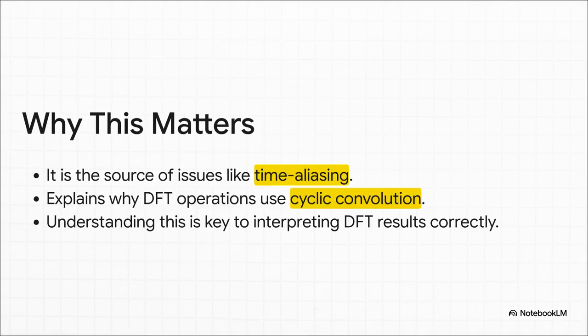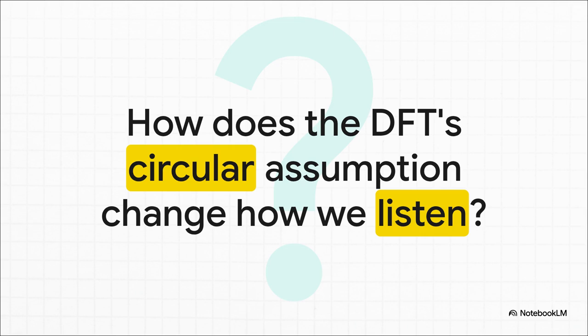Now, you might be thinking, okay, that's weird, but so what? Well, it matters a ton. This circular assumption is the root cause of common headaches in signal processing like aliasing and spectral leakage. It's also why you hear about things like cyclic convolution. It all comes back to this core assumption. If you don't understand that the DFT thinks the world is a repeating loop, you can't possibly interpret its results correctly. So that really leaves us with a fascinating thought, right?